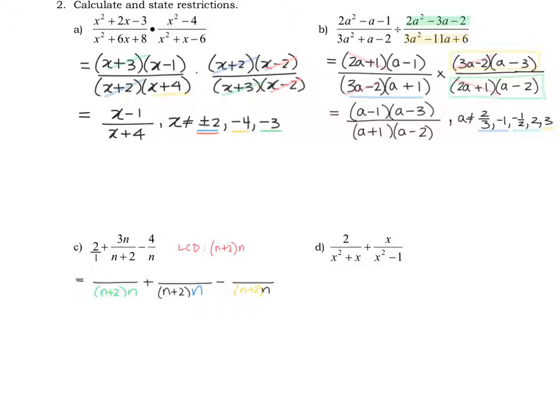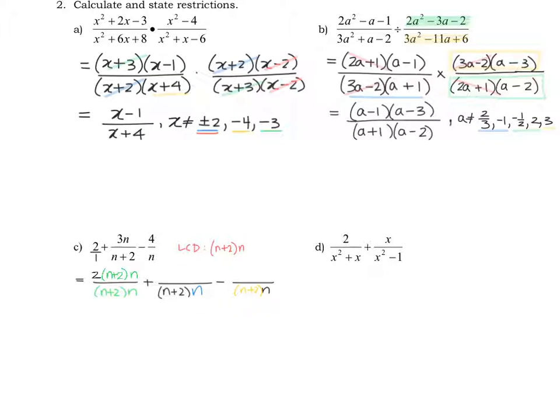So this 2 here has a denominator of 1. To change the 1 into (n plus 2)n, I had to multiply by (n plus 2)n. So I'm going to have to do the same thing with that 2 in the numerator, so I'm going to write 2(n plus 2)n.